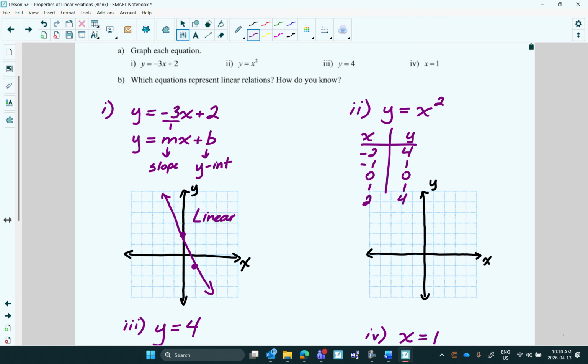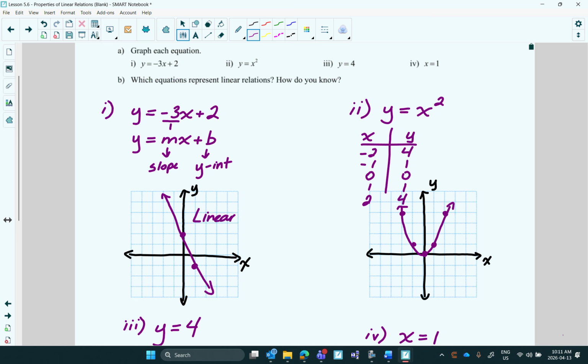Let's plot those. -2, 4. -1, 1. 0, 0. 1, 1. 2, 4. And actually, I would put arrows on the ends of each of these because I could pick a whole bunch of points.